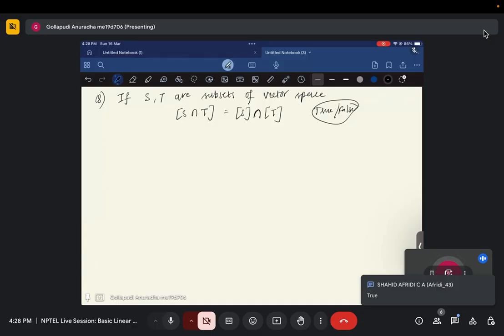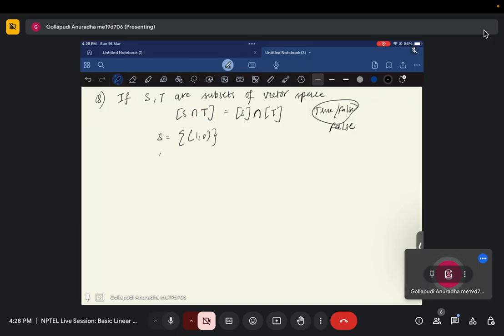Okay, there are so many questions to go, so I'll just tell the answer. So basically this is false actually. For example, if S is (1, 0) and T is (0, 1), then the span of S intersection T will be span of the empty set.